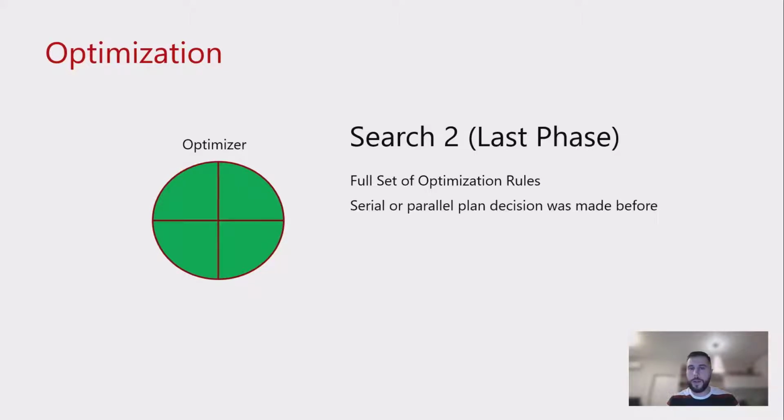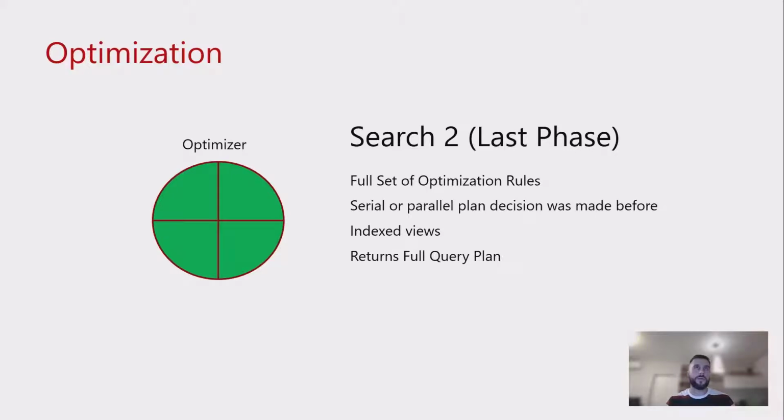The serial or parallel plan decision was made before, so at this stage, SQL Server does only one estimation for the parallel plan and for the serial plan. Also, if there is an Enterprise edition of SQL Server, it will try to use and consider indexed views for the query. And as I said previously, it has to return the query plan.